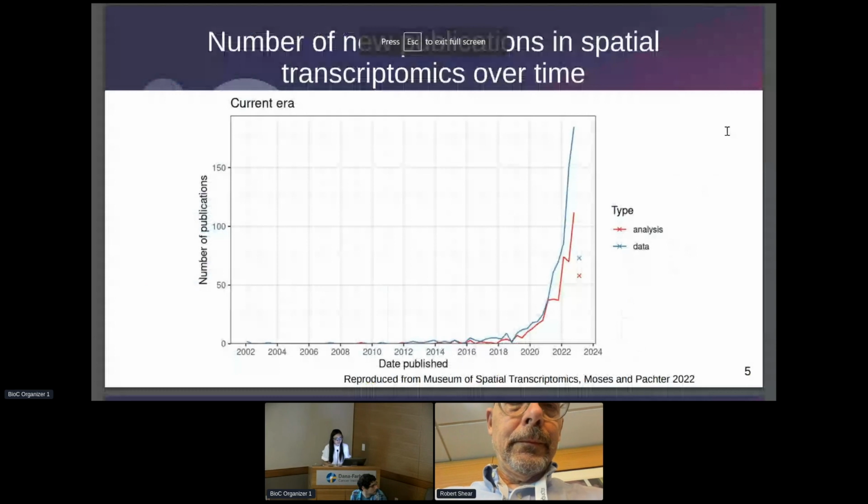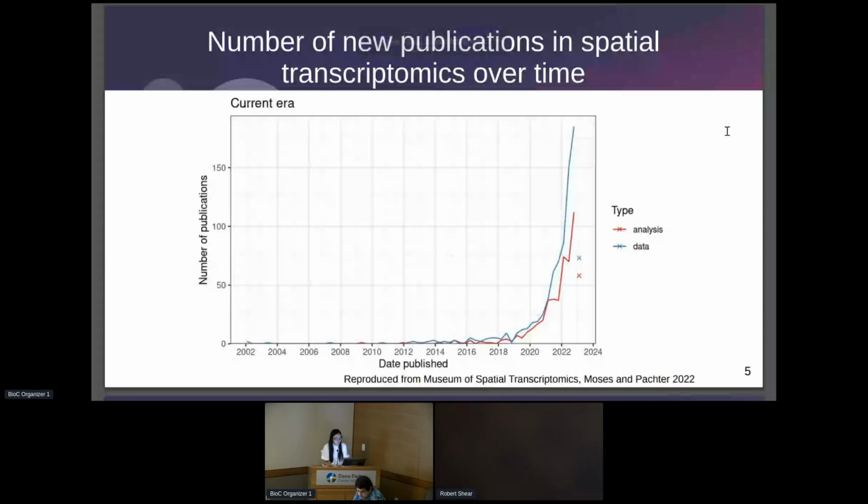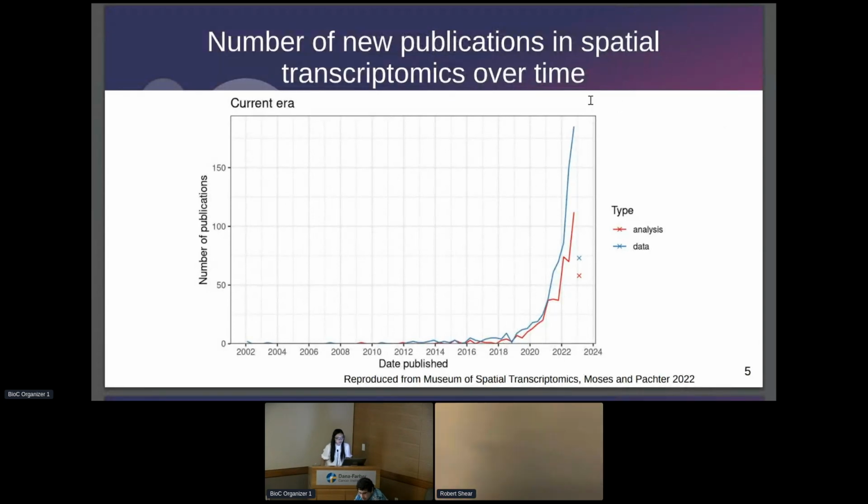If the number of new publications over time can indicate the interest in this field, then from this plot we can see that spatial transcriptomics has drastically grown since 2019. Also, from the amount of spatial content in this conference this year and how much it has grown since last year, I can tell that spatial transcriptomics has come of age.